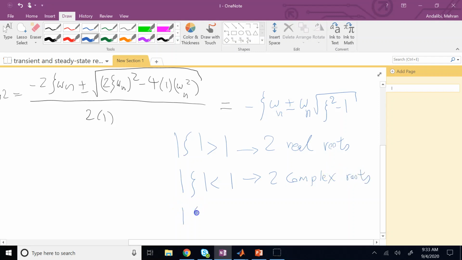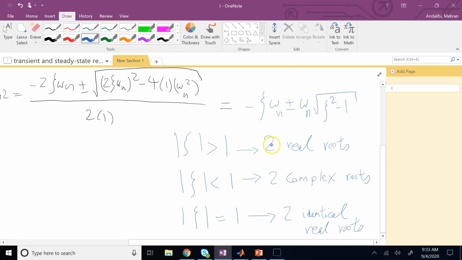And when it is equal to 1, then you have 2 identical real roots, correct? Because both of them will be equal to negative omega n.